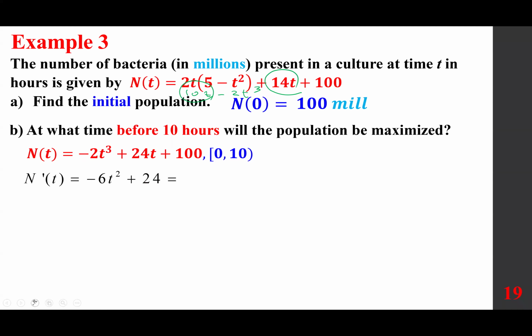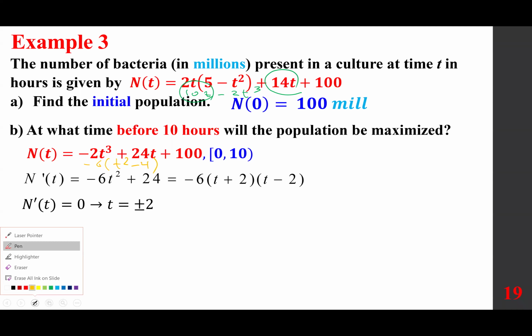In order to set this equal to 0, we are going to factor the negative 6 out. T squared minus 4 becomes t plus 2 times t minus 2. We have two answers, plus minus 2. And when we look at the interval, we can only go with positive 2, right? So we have one critical point.